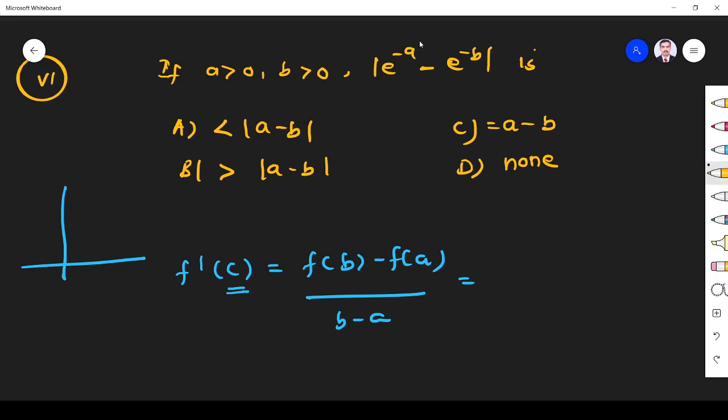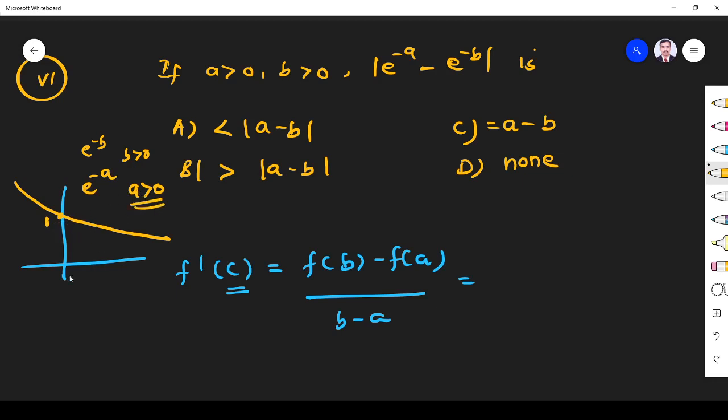So a is greater than 0. That means e power minus a, e power minus b, both will appear like this. This is the e power minus a curve with a greater than 0, or the e power minus b curve with b greater than 0. When you substitute 0 in e power, it will become 1. A is greater than 0 means they will be coming like this.